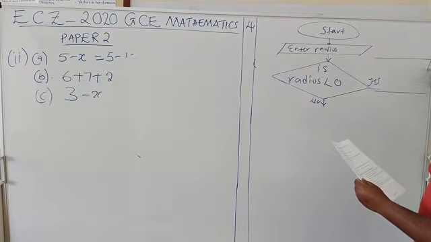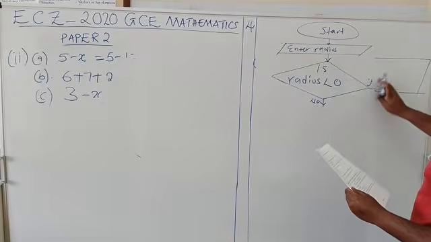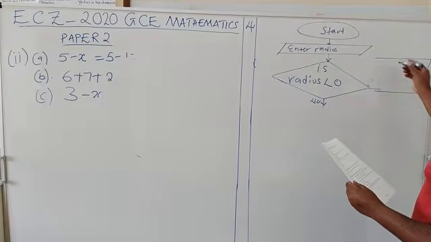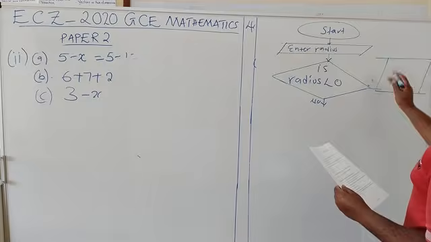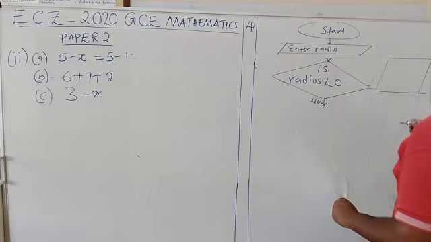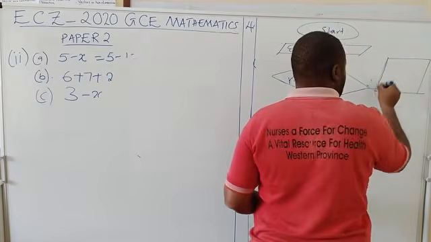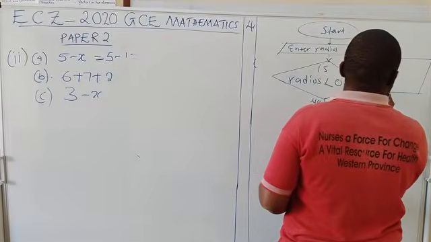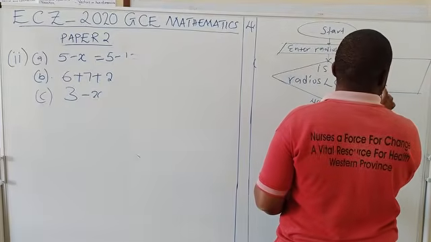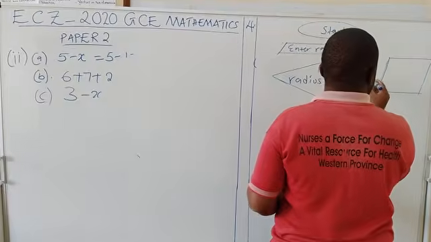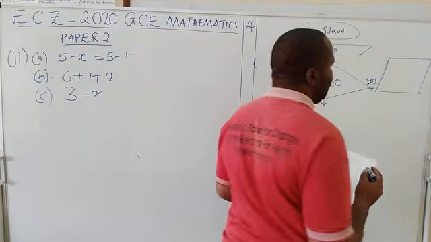So this should be a parallelogram, a bigger one, of course. Take note, that should be a parallelogram. There's an arrow here, then you say yes. So what are we saying?